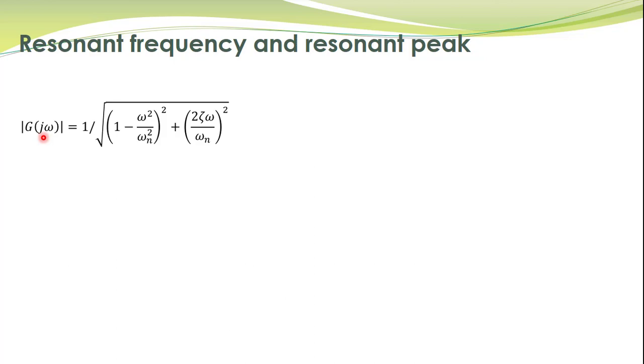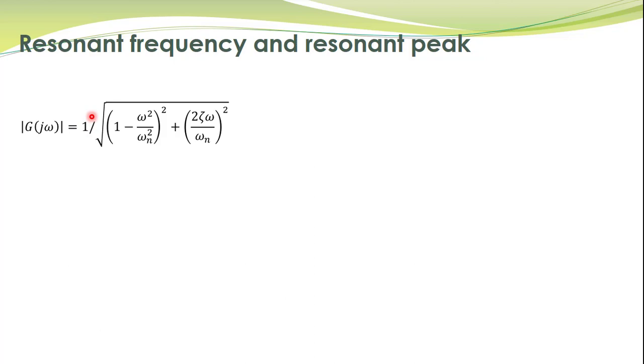Taking the derivative of this expression with respect to omega is slightly complex. What if we take the derivative of only the denominator polynomial? When this denominator is minimum, at that point this whole thing will be maximum.